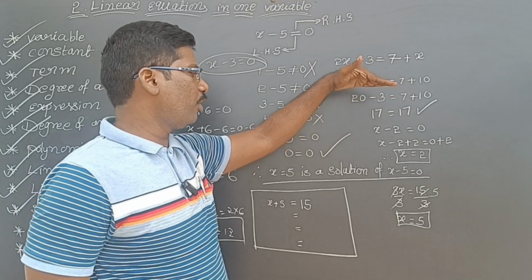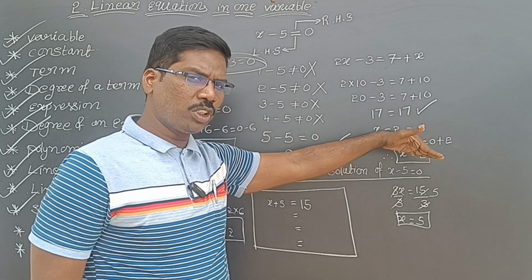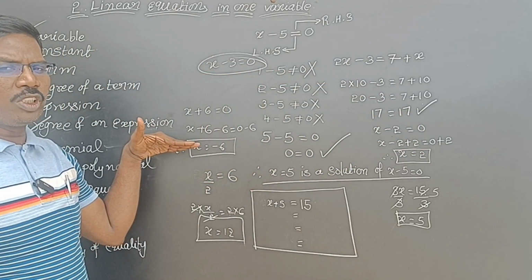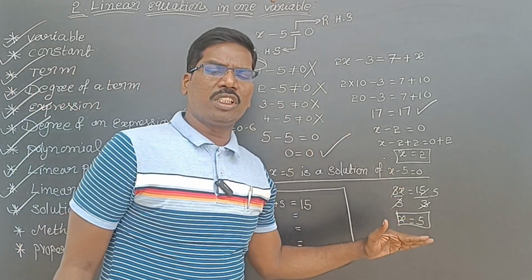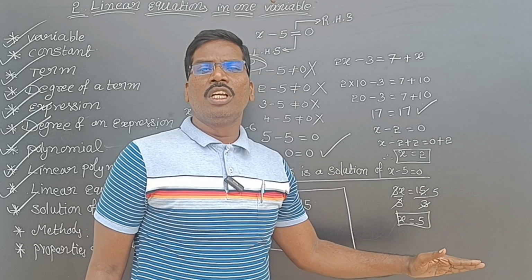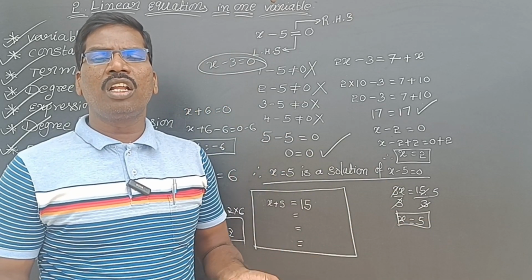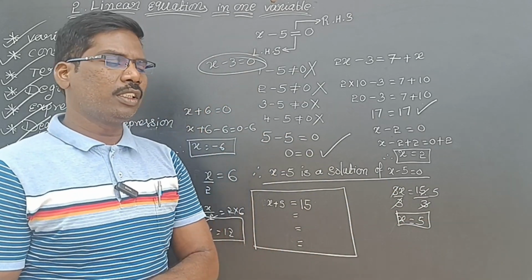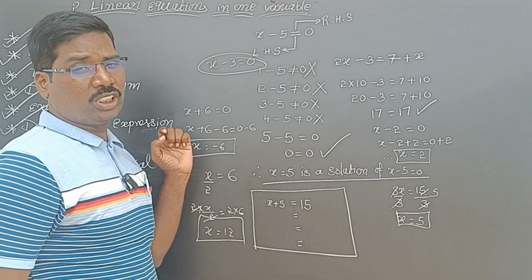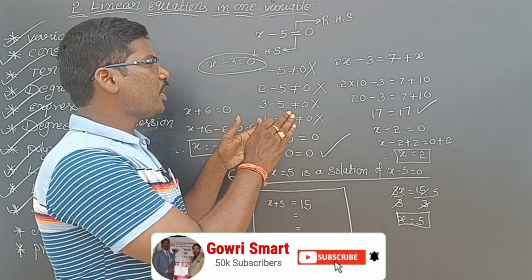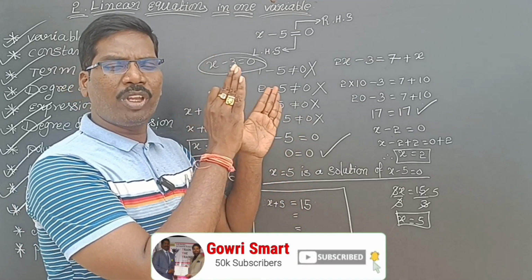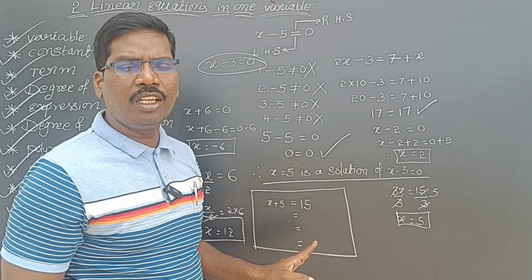So what I am doing here: adding the same number on both sides, subtracting the same number on both sides, multiplying the same number on both sides other than 0, and dividing on both sides other than 0. These four methods are concluding in only one method, that is called transposition. Transposition means what? Whatever the equation is, I am keeping it the same, not doing anything.